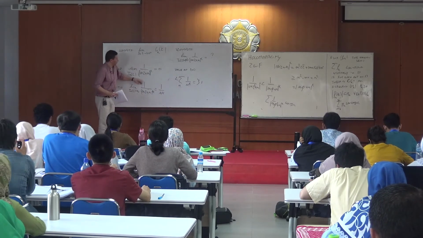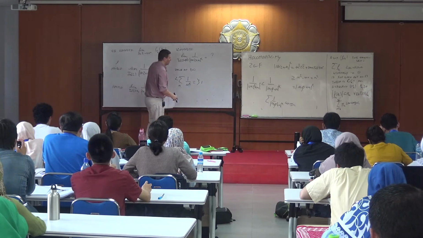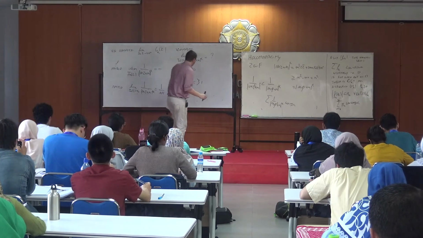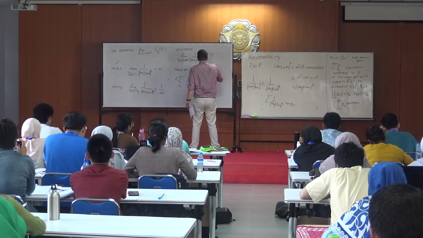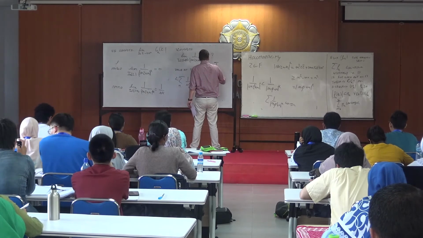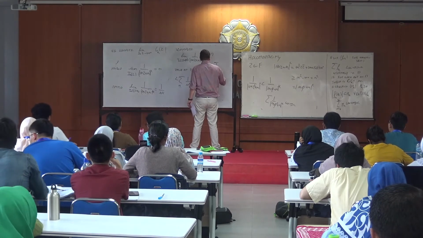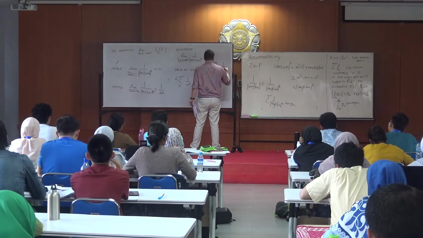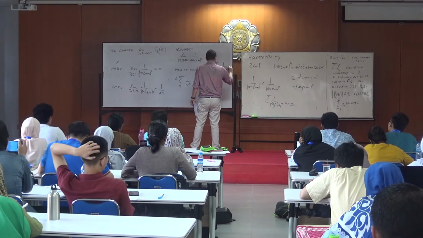Because here I'm summing, what is gk? I forgot. Let me write: gk here is the sum over m and n of 1 over m tau plus n to the k.